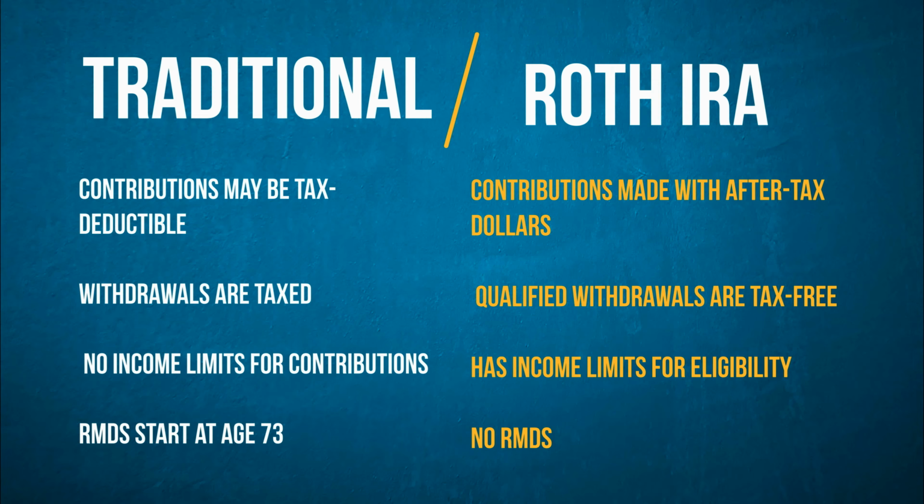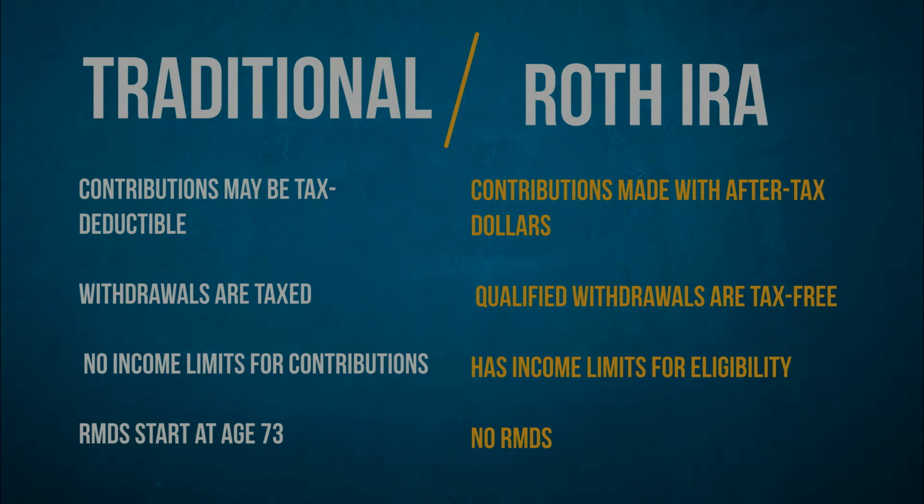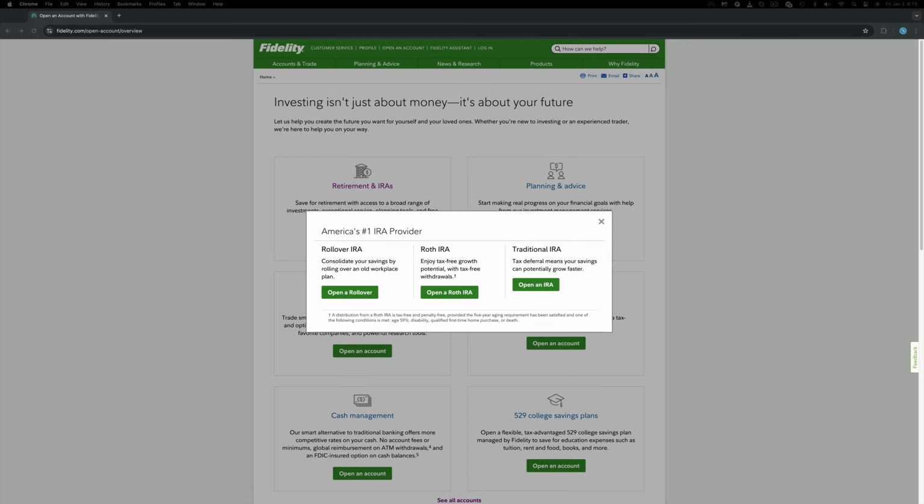The last main difference is that Roth IRAs have income limits for eligibility and no required minimum distributions, whereas traditional IRAs have no income limits for contributions but require minimum distributions starting at the age of 73. Again, for a full dive, please check the video in the description and then choose based on your current tax situation and future retirement goals.